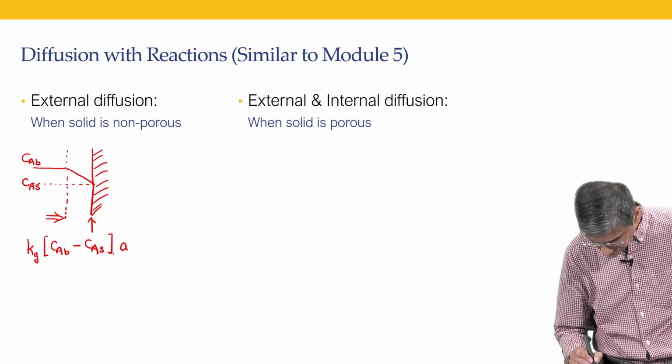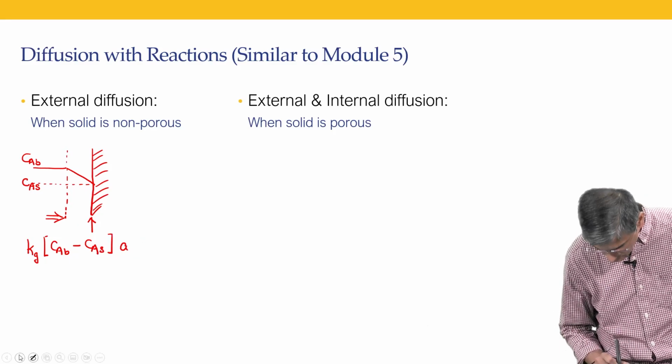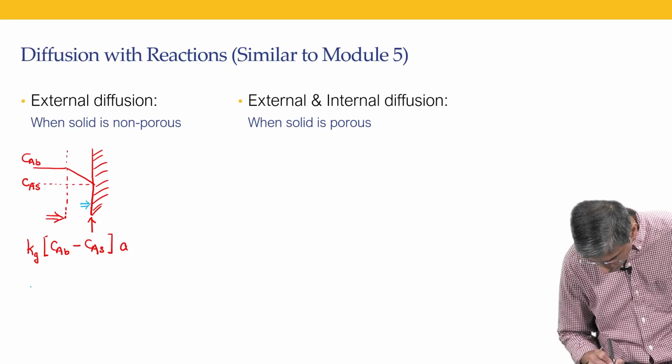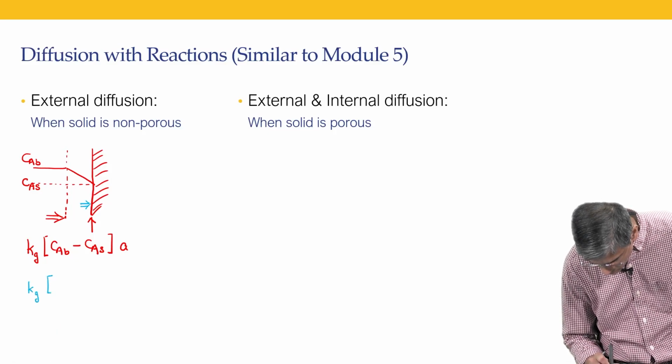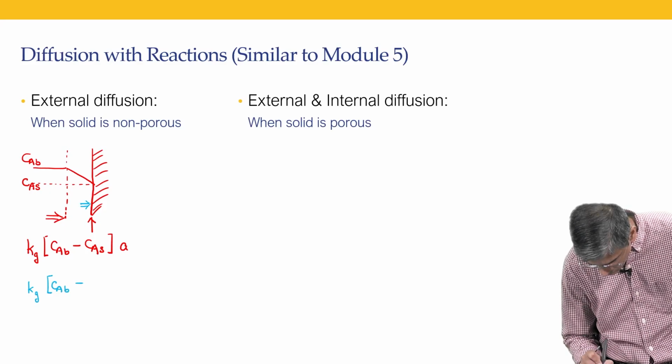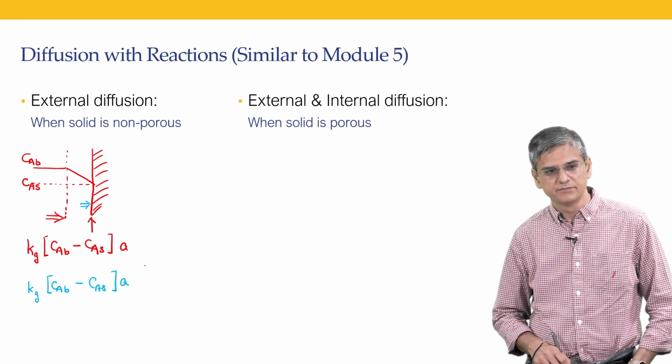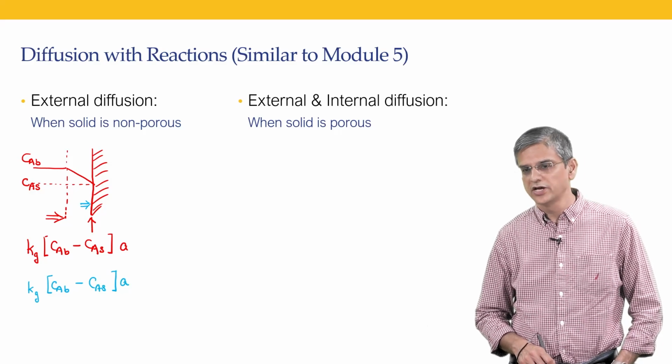area. At this boundary it also happens to be the same, multiplied by the area. Okay, why?